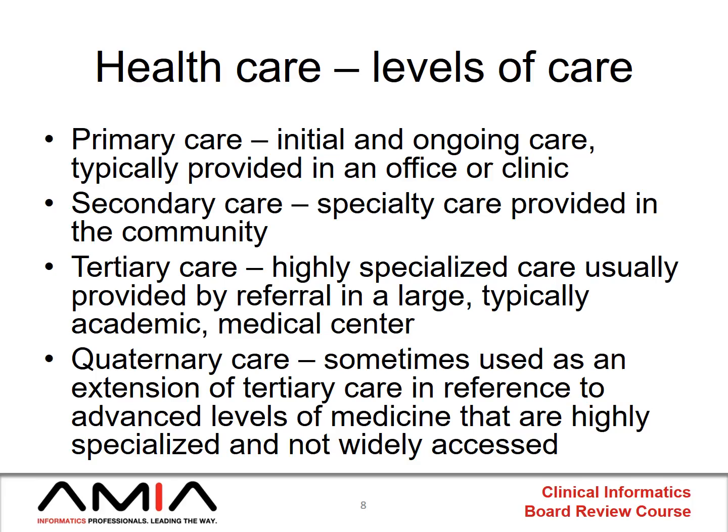Sometimes we think of these levels taking place at different institutions, but in reality, primary care and secondary care can take place in a center that also provides tertiary care, as there are primary care clinics, for example, in an academic medical center.